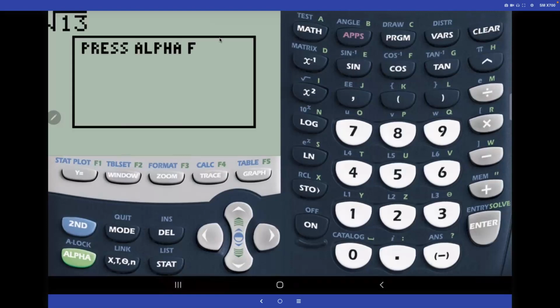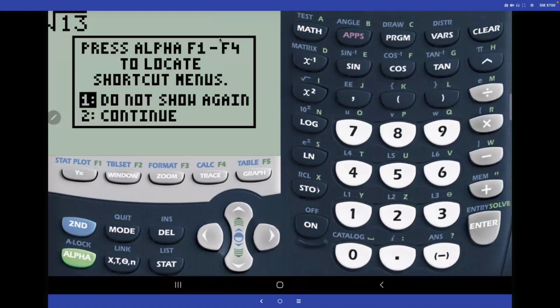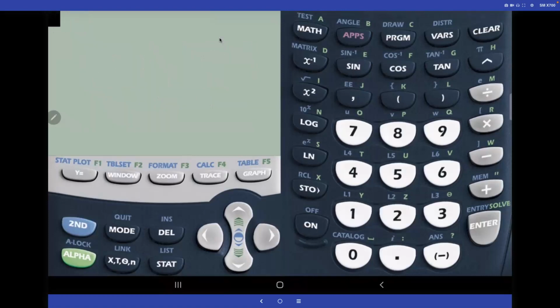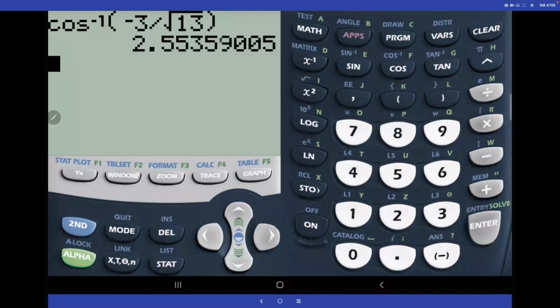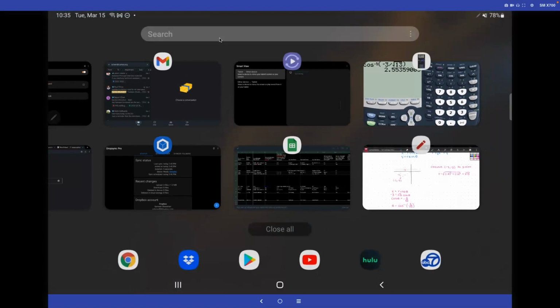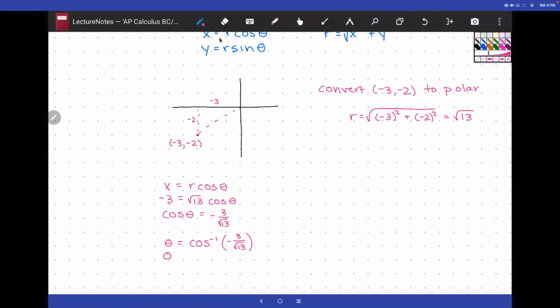Now my calculator's off. Cosine inverse of negative 3 over root 13 and, close, 2.553.